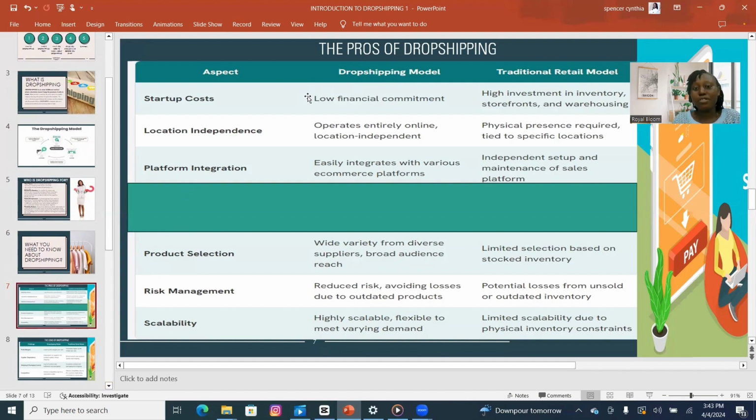I think you need just your data and your phone to do all that you need to start off. The next is location independence. As a dropshipper, you can do this anywhere, anytime, any day. So if you choose to travel out of Nigeria, you can still be out of Nigeria and still be doing dropshipping in Nigeria.